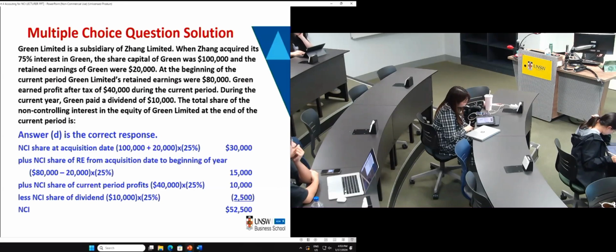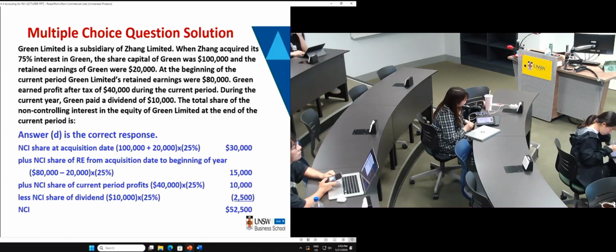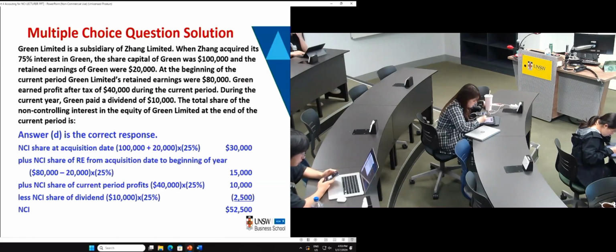Now I'll show you how to do that quickly. NCI share of the equity of this subsidiary, right? At the reporting date. Now remember that NCI receive a share of both pre and post acquisition equity of the subsidiary, both pre and post.